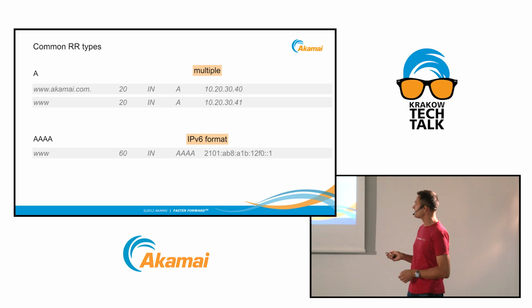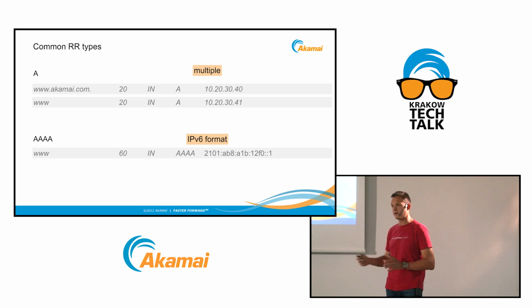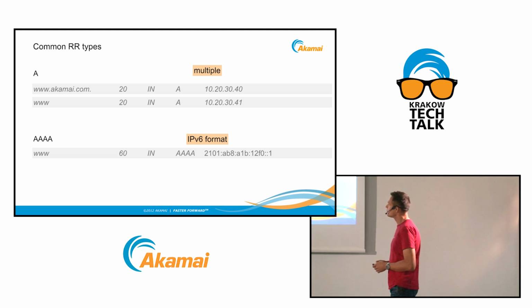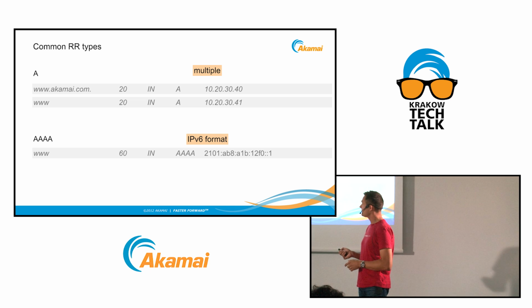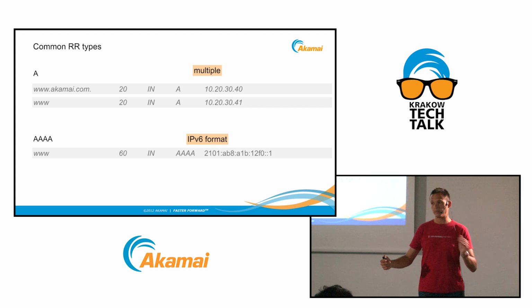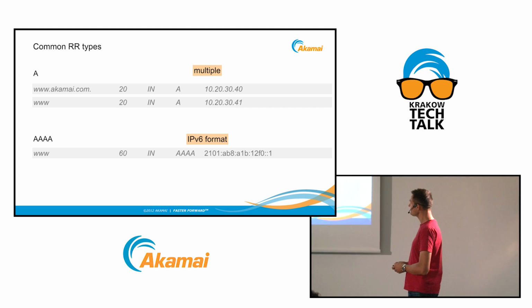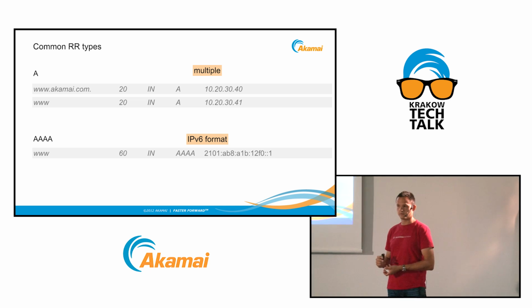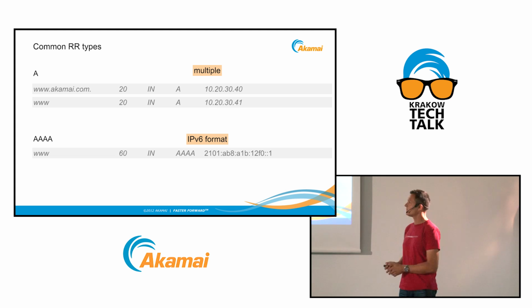There is a difference in terms of the type, and obviously the value itself must be different because it's another IP. Again, you may notice that there is no dot, which means that DNS will append our domain name here. You may also notice that we have multiple entries for the same name. It means that we may have many entries for the same name for some record types. For A records, it is allowed.